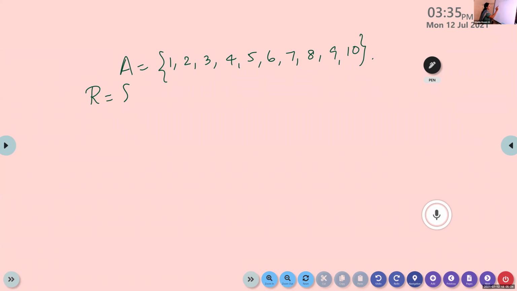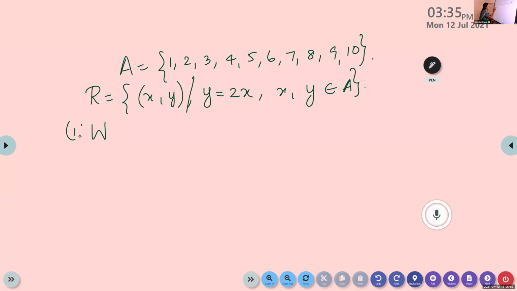R is equal to the set of all ordered pairs (x, y), where y is equal to 2x, where x, y belongs to A. R is a relation. First, write the elements of R.